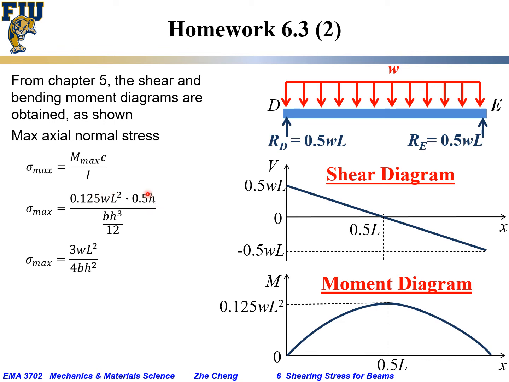So plug these numbers in, and the moment of inertia for such a rectangular cross-section would be 1/12 b h to the power of 3. If we reorganize, this is 1/8, this is 1/2, and totally it's 1/16, and this 12 goes to the numerator.